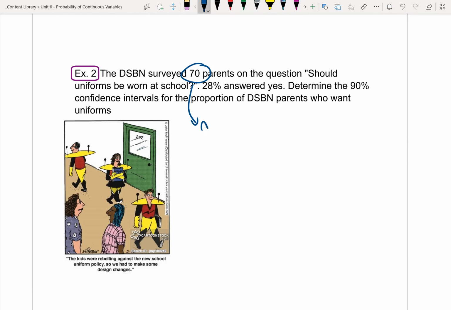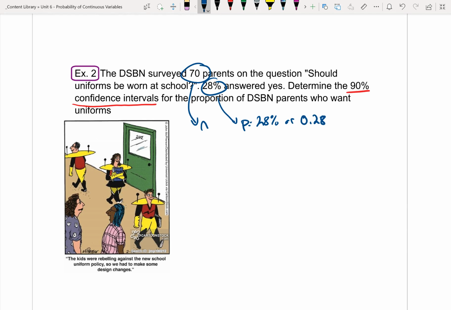The 70 is my n, the total number of data values. The proportion that answered yes is going to be my p-value, which is 28%, or 0.28. And I'm looking for 90% confidence intervals. So that tells me what z-score I'm using.